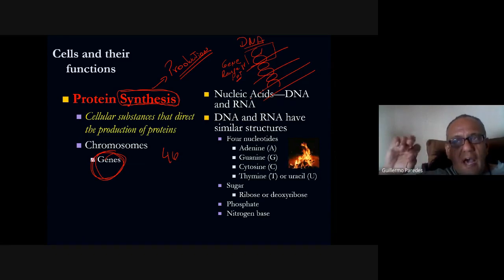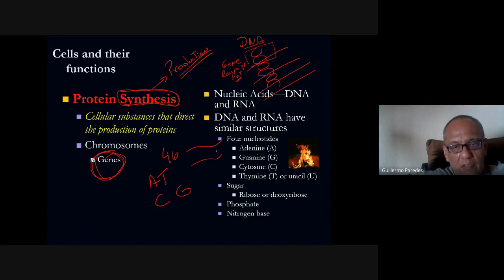But the RNA does not have thymine; it has uracil. Remember how they match: if you have A on one side of the DNA, on the other side you have T. If you have C here, you have G here. And opposite, if you have G, you have C. G and C are always together.